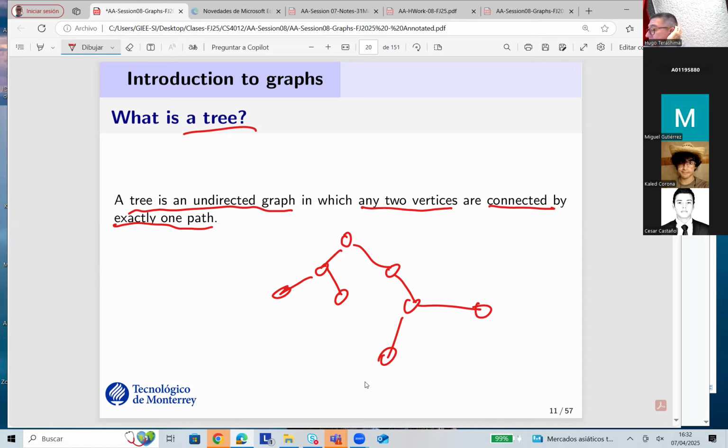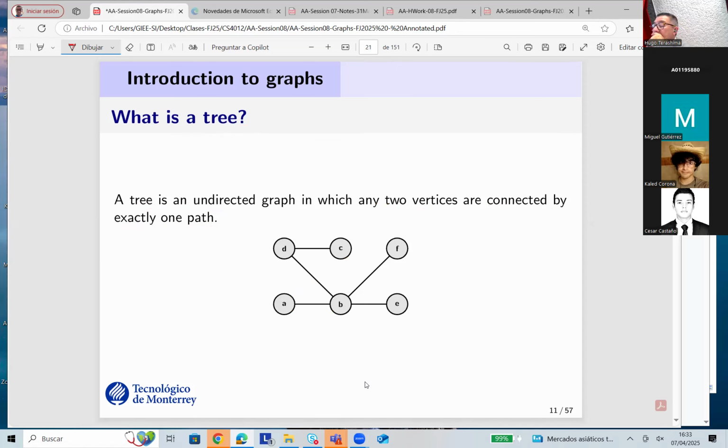Yes, it is, because it doesn't have any cycles, and if you choose two vertices, there's always one path between any pair of vertices. So that's another important definition. That is a tree.